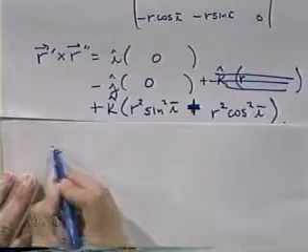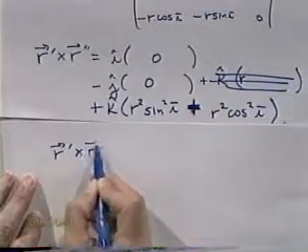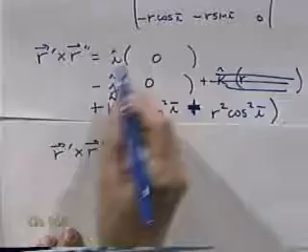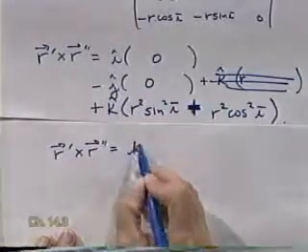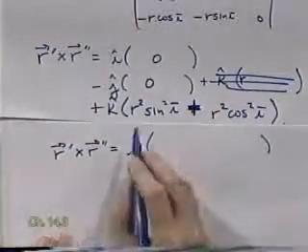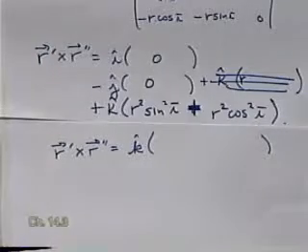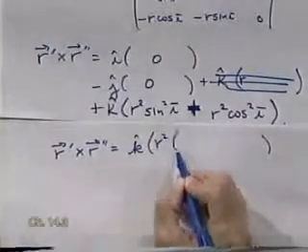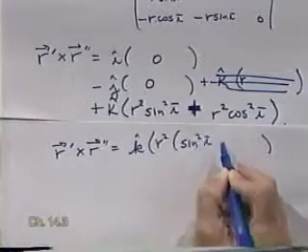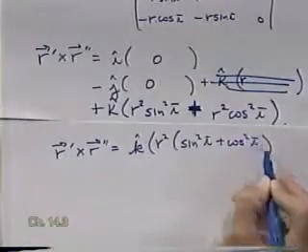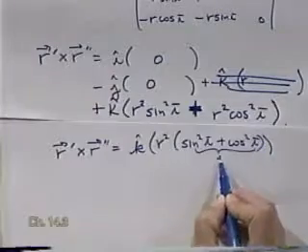Getting a fresh sheet of paper, we have r prime cross r double prime equal to 0i, 0j plus k times, what's r squared sine squared t plus r squared cosine squared t? It's r squared, right? Because you could factor out the r squared, and you get sine squared t plus cosine squared t, and this is just a big old fat 1.